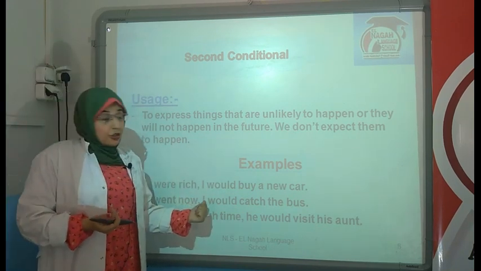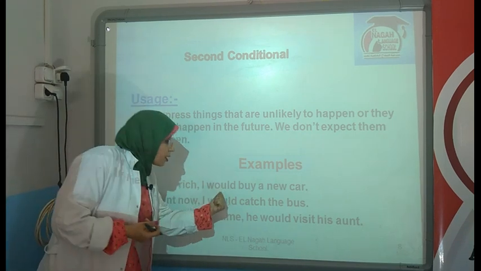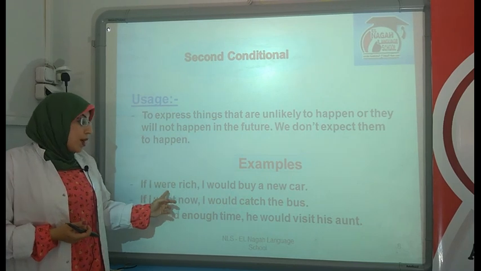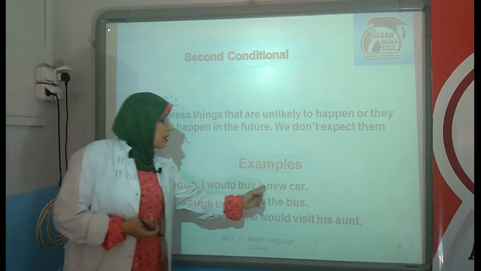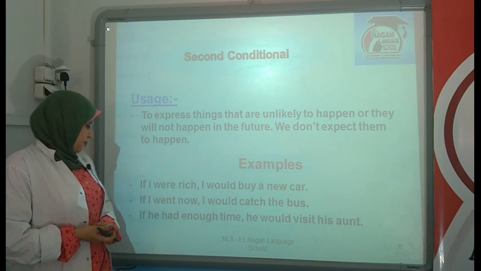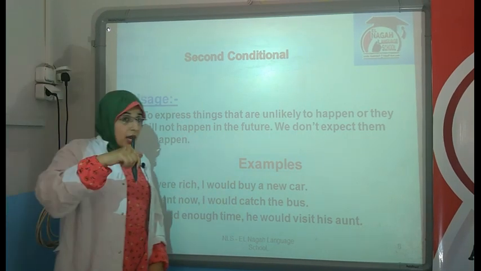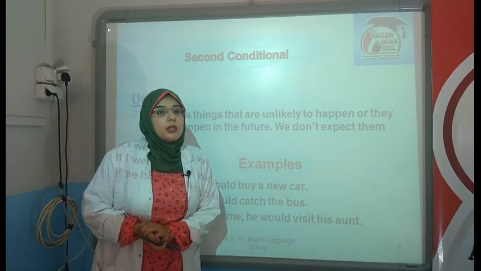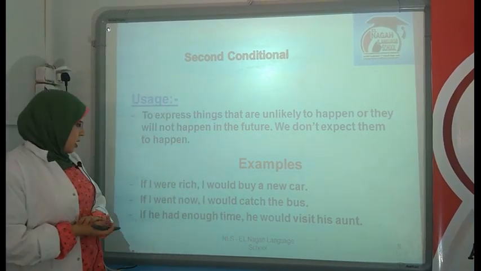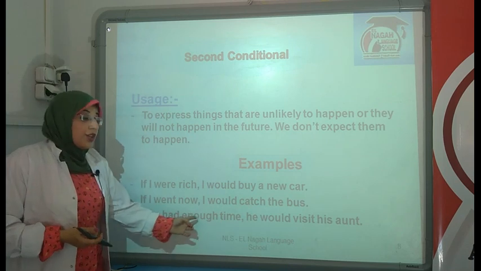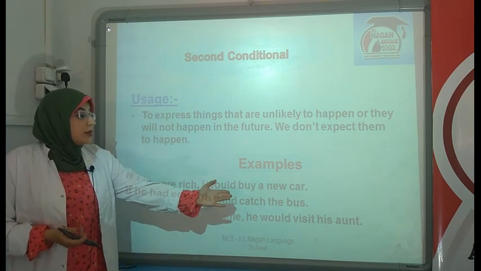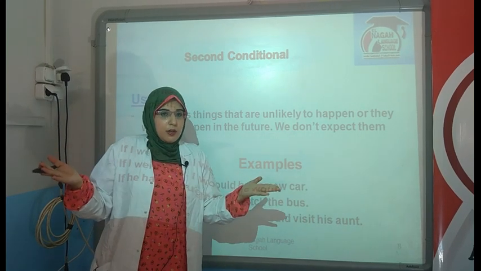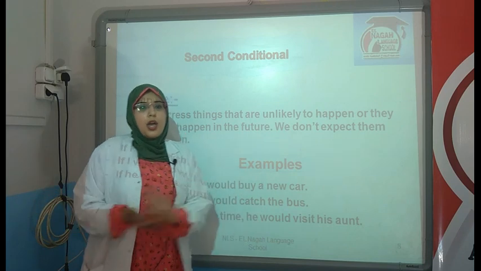If I were rich, I would buy a new car. If I went now, I would catch the bus. If he had enough time, he would visit his aunt. It means he doesn't have enough time, so he can't visit her. Okay.